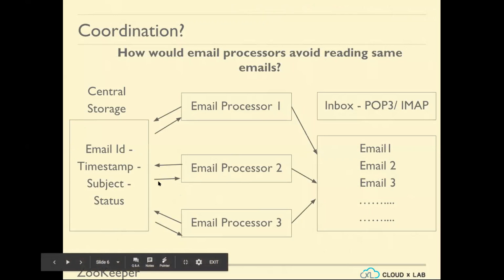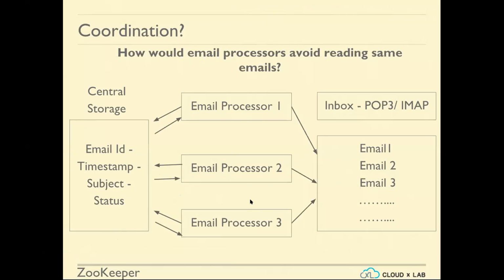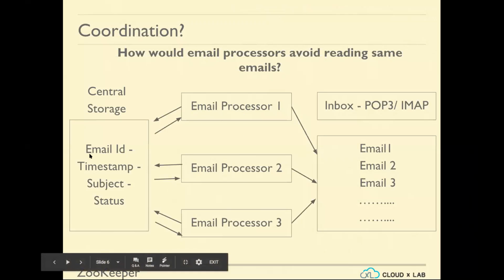So using the database's locking mechanism, we were able to build this kind of processing. So using another central storage, we were able to make the processors coordinate. Did it make sense to you?